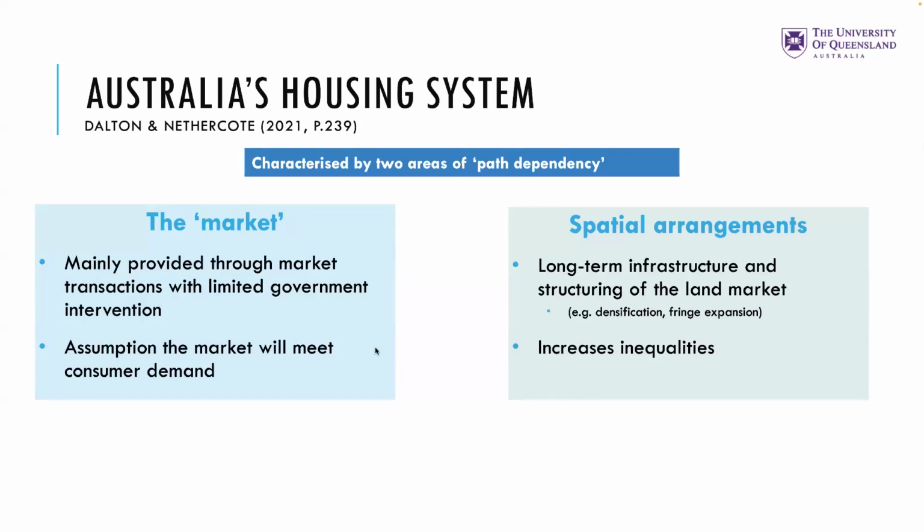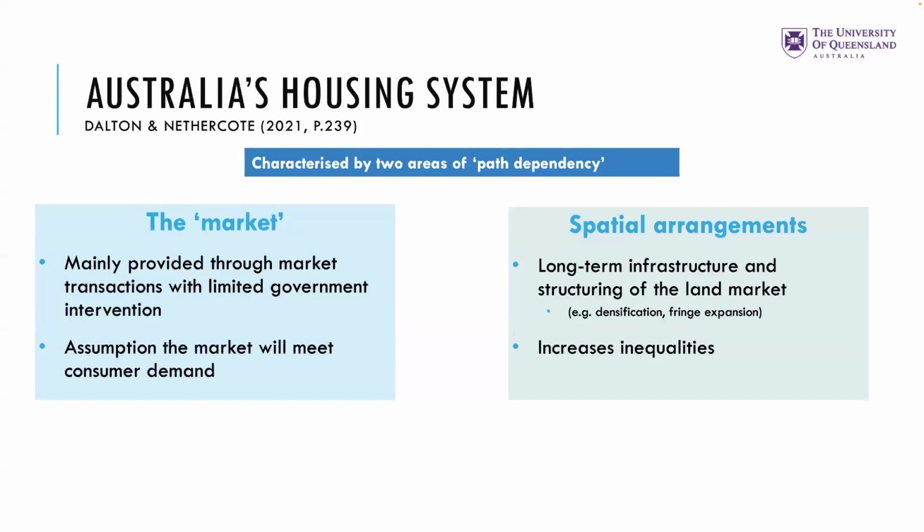This could also mean densification, like the increase in apartment buildings, which we now see in areas such as West End, South Bank, or even South Brisbane, where we currently can see significant construction activities.